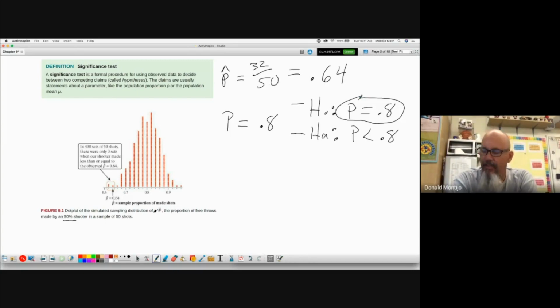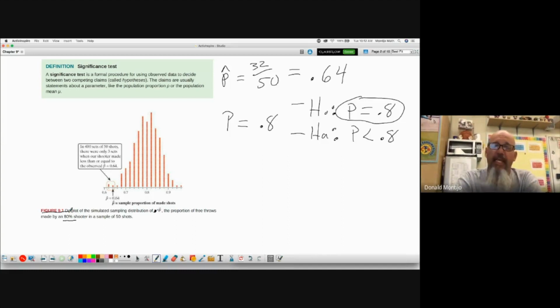In this case, I know this probably isn't realistic, but we simulated this like we learned in the previous chapter. If he does shoot 80% of his free throws, what's the probability that he made 64% or fewer out of 50 shots? This dot plot in figure 9.1 is illustrating that in 400 sets of 50 shots.